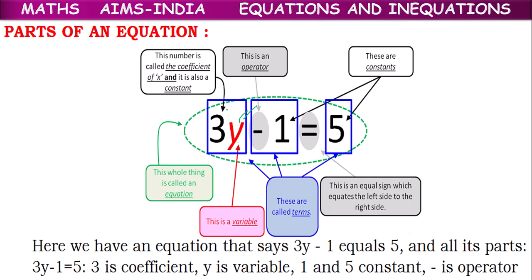But 3 is always a constant, and since 3 is in front of the variable, accompanying the variable, it is called the coefficient.